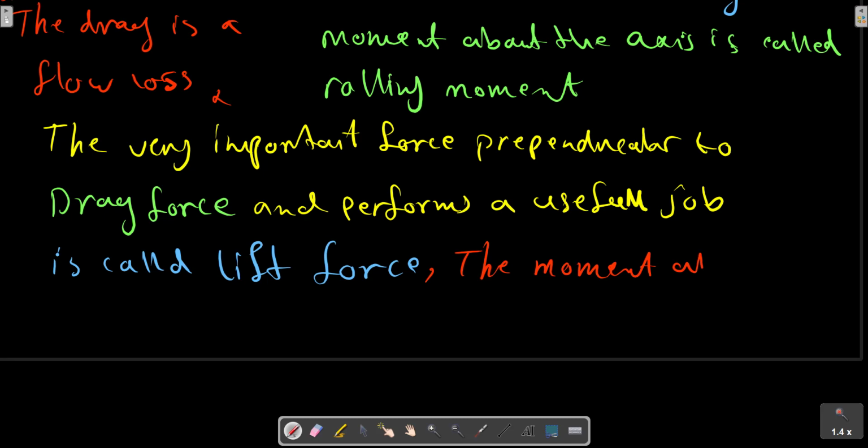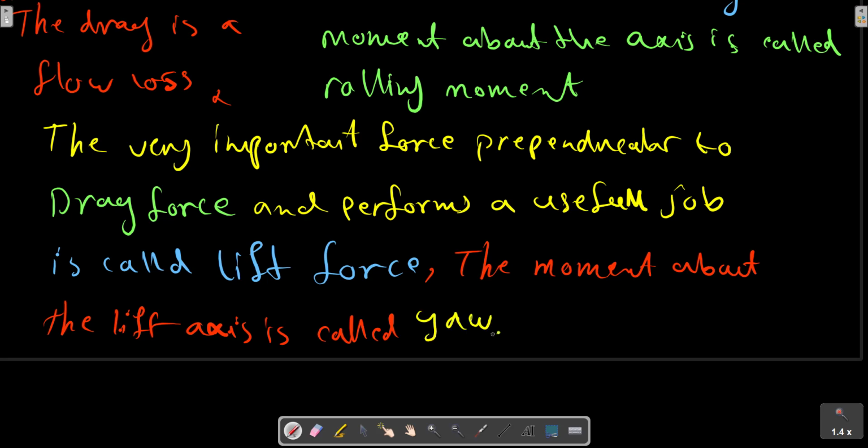The third component, neither a loss nor a gain, is the side force.